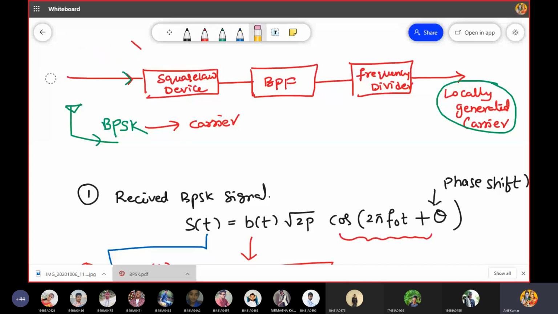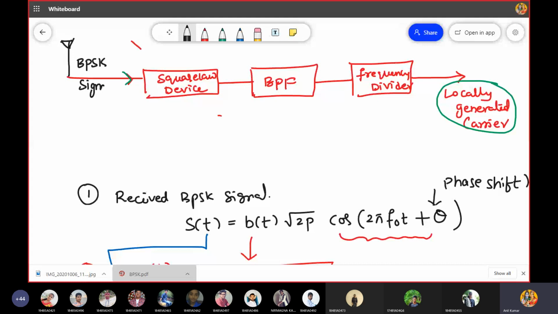I have received the BPSK signal using the receiving antenna. The modulated BPSK signal is first given to the square law device, and the output of the square law device is half into cos 2 into 2 pi f naught t plus theta.